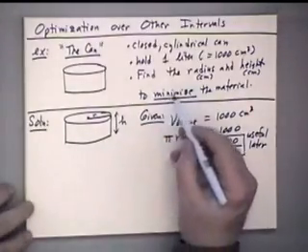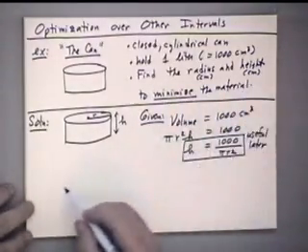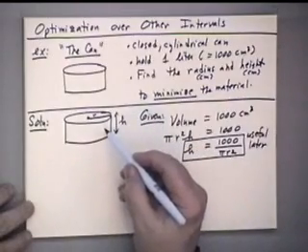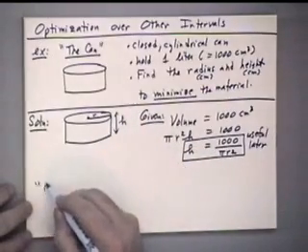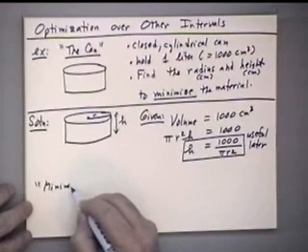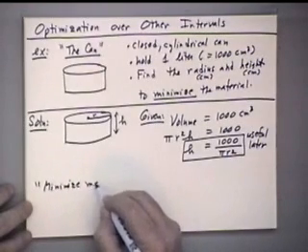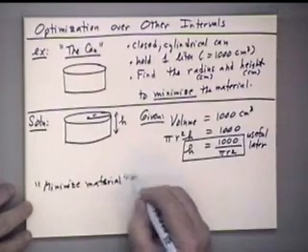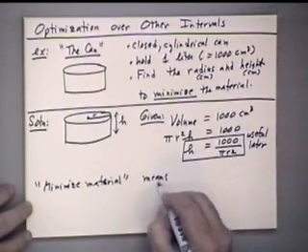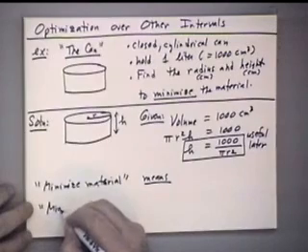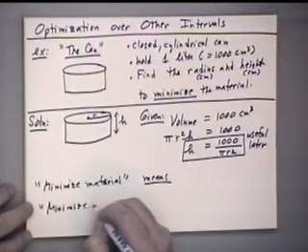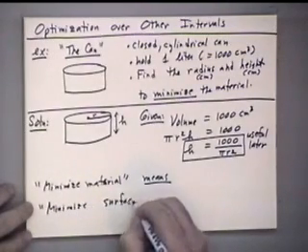One more thing. This says minimize the material. Now we're not going to worry about the thickness of the material. So what does that actually mean in this case? Minimize material means to us, mathematically, to minimize the surface area.